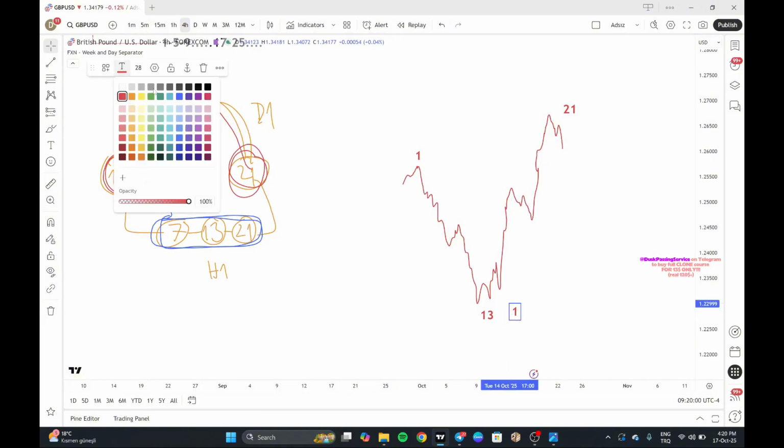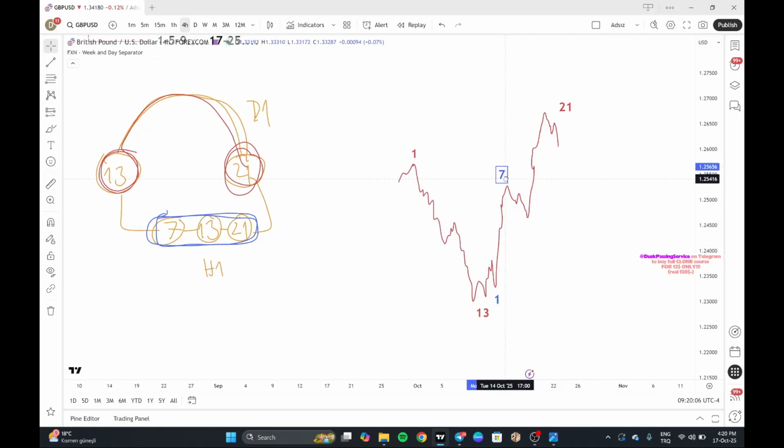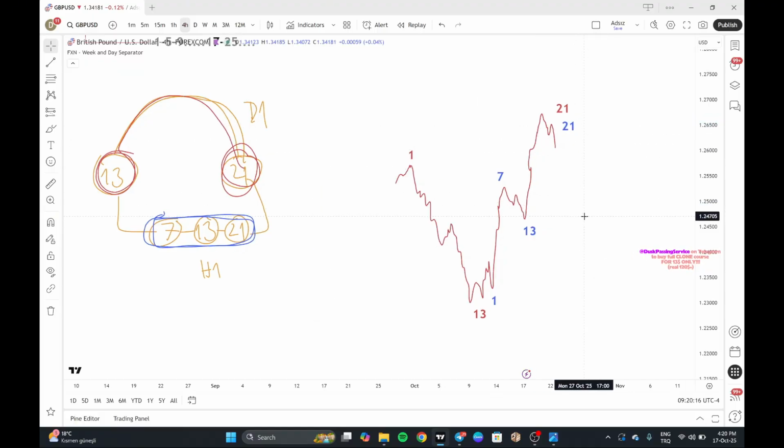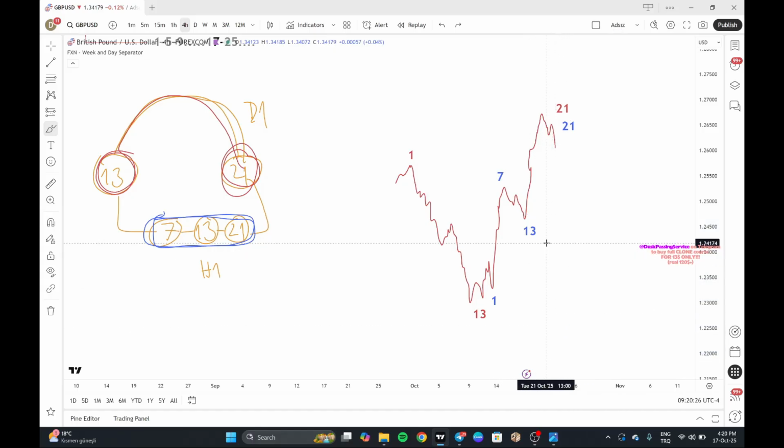So blue 1 here, blue 7 here, blue 13 here, and blue 21 here. So why would this be a reversal? Why would this move happen? Why? So I hope you understand.